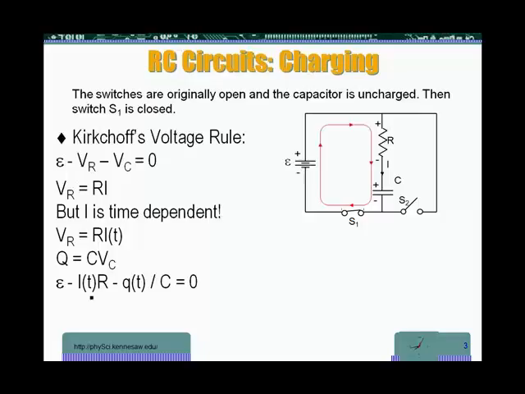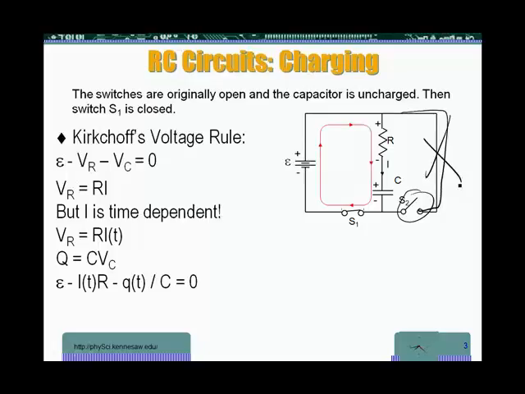Now to study it, let's apply Kirchhoff's voltage rule like we have learned to do. We have one loop right now in the circuit. When switch S2 is open, it's like this part is not there.